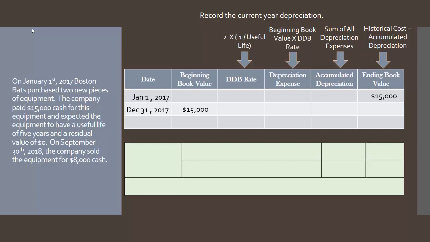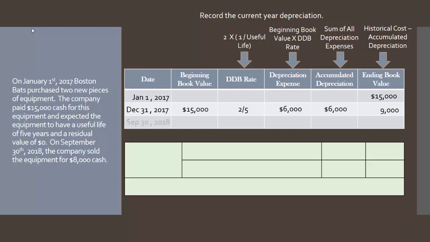Well, it had a 5-year useful life, so under straight line they take 1/5 away each year, but they're going to double it for double declining, which means 2/5. So the DDB rate is 2/5. If we multiply that by our beginning book value of $15,000, we come up with a depreciation expense of $6,000. Our accumulated depreciation is $6,000, knocking our ending book value down to $9,000. That was at the end of 2017.